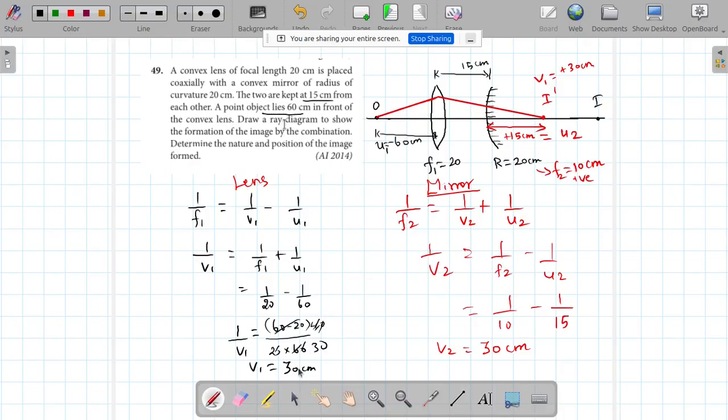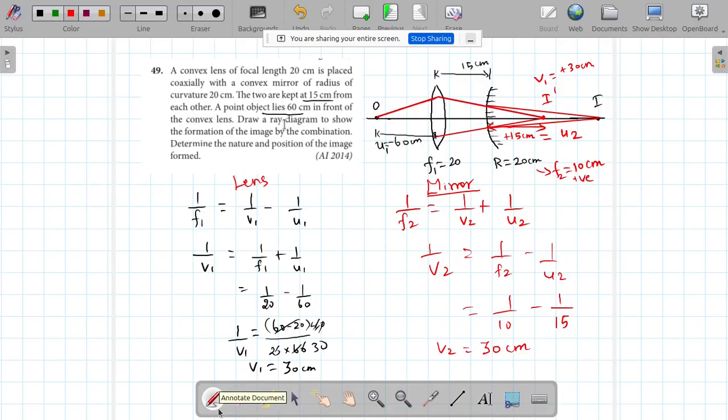And have our final image. So it is converging at this point. This is our final image, so this is the exact diagram. And for the nature of the image, the final image, what do we have to do? We have to go for the magnification.